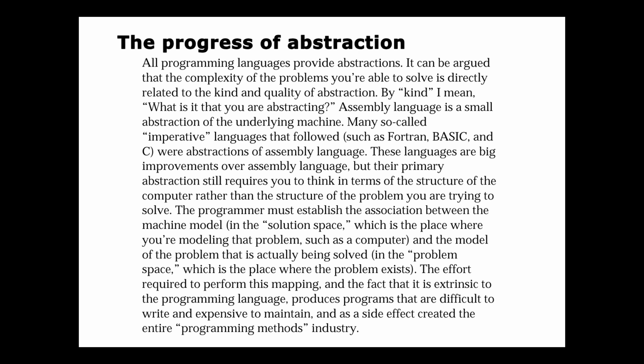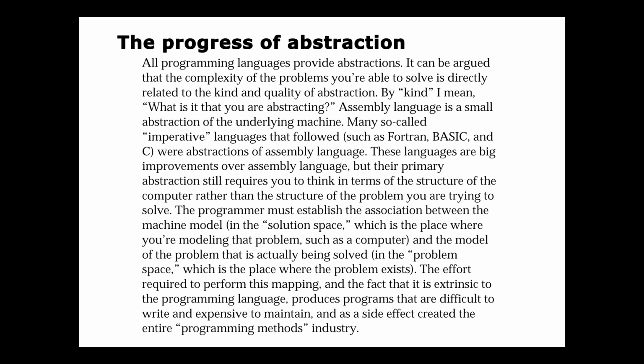All programming languages provide abstractions. It can be argued that the complexity of the problems you're able to solve is directly related to the kind and quality of abstraction. By kind, I mean, what is it that you are abstracting? Assembly language is a small abstraction of the underlying machine. Many so-called imperative languages that followed, such as Fortran, BASIC, and C, were abstractions of the assembly language.